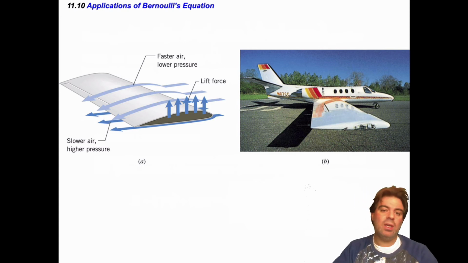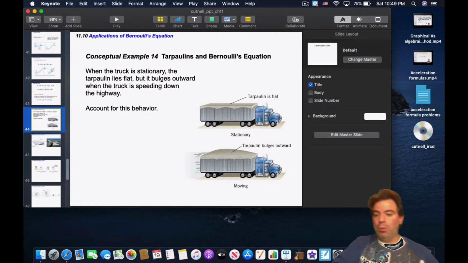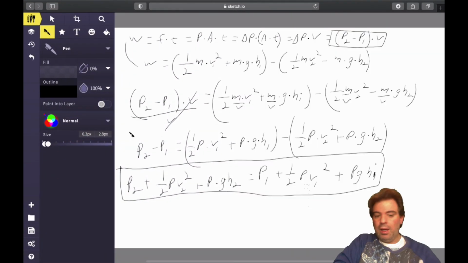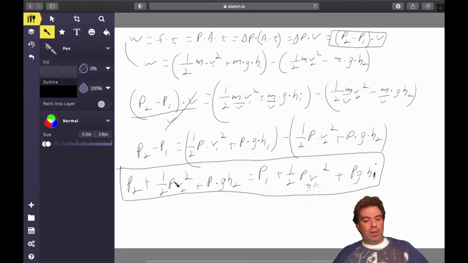So how can we use Bernoulli's equation to account for both of these behaviors? It's actually very simple. We go back to our sketch pad and look at this equation. Imagine we're talking about the truck that's stationary.